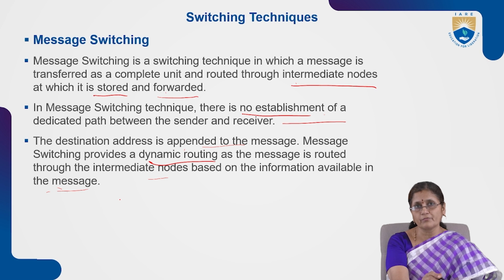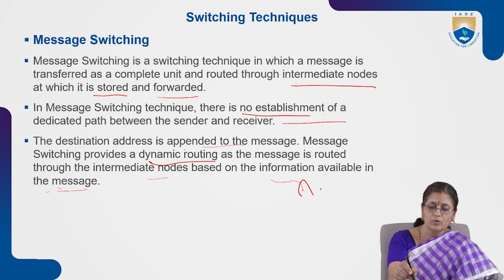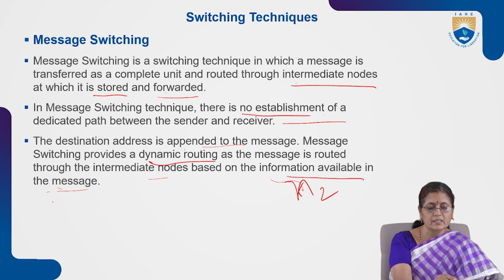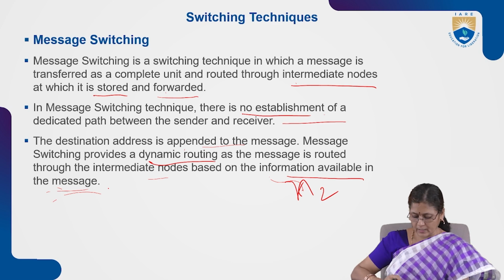Suppose there are n intermediate nodes, and the message mentions only node n2, so it goes through the intermediate node n2 only. Thus the message is routed through the intermediate nodes based on the information available in the message.